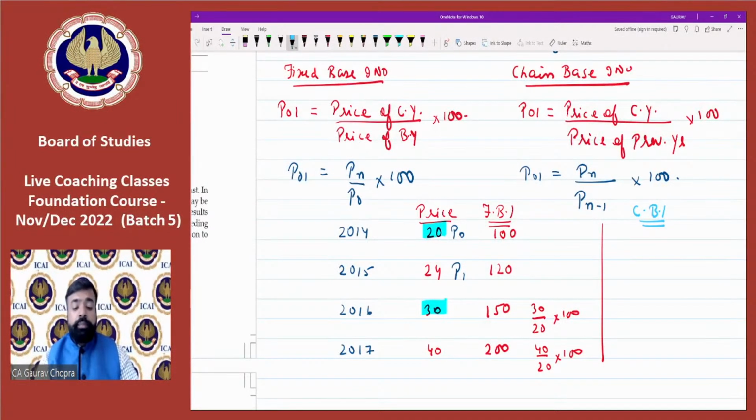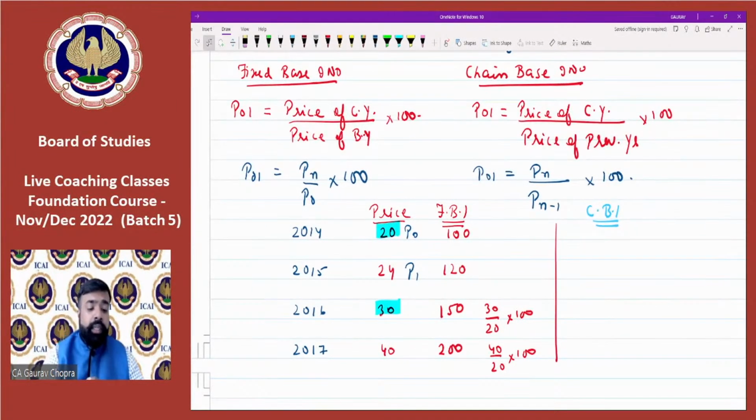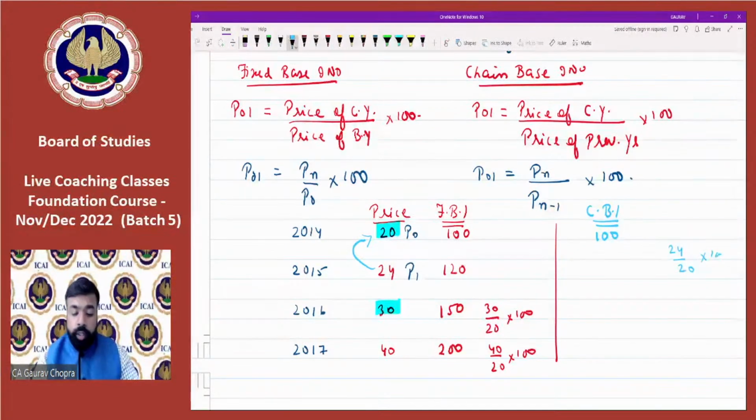Chain base index number. Here the comparison will be with the previous year. The first year is always the base year, so the index number will be taken as 100. Now for 2015, 24 will be compared with 20. So 24 divided by 20 into 100. How much are we getting? 120.